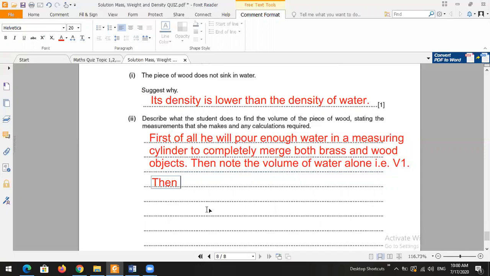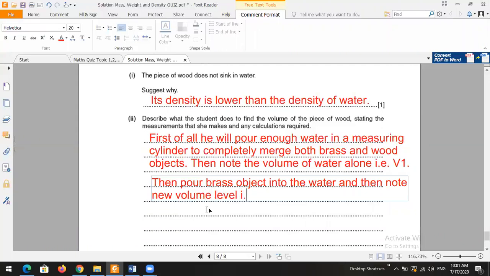Then pour the brass object into the water, and then note the new volume level, that is V2.